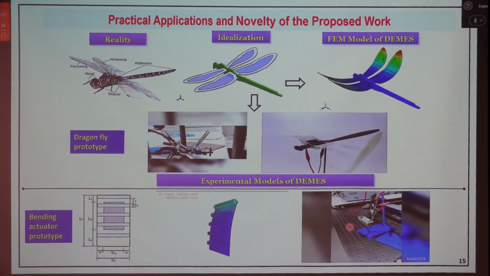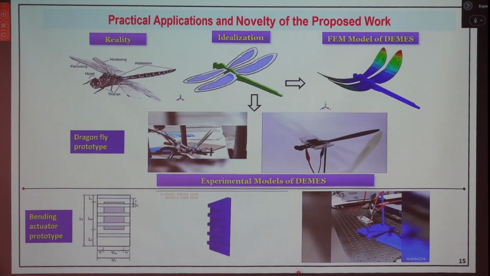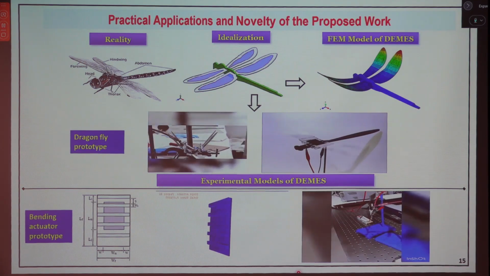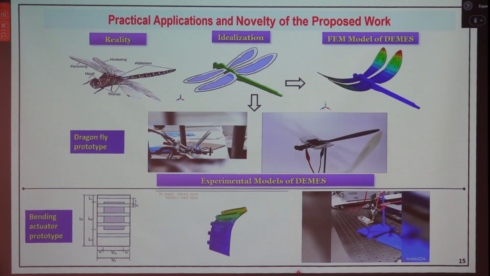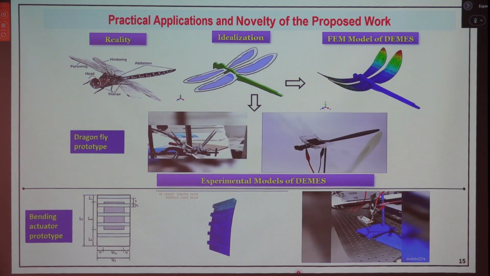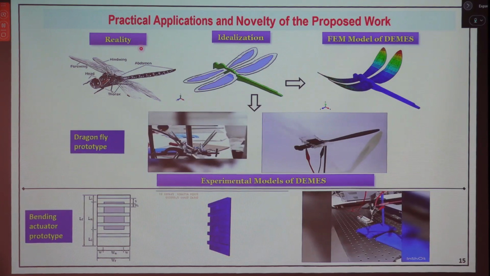Okay. Now we have extended that work. Now we say that this DMS based actuator that we have developed, we can also take it to the advanced level, and we are trying to replicate the motion of a dragonfly. So this is the actual reality of the dragonfly. Okay.